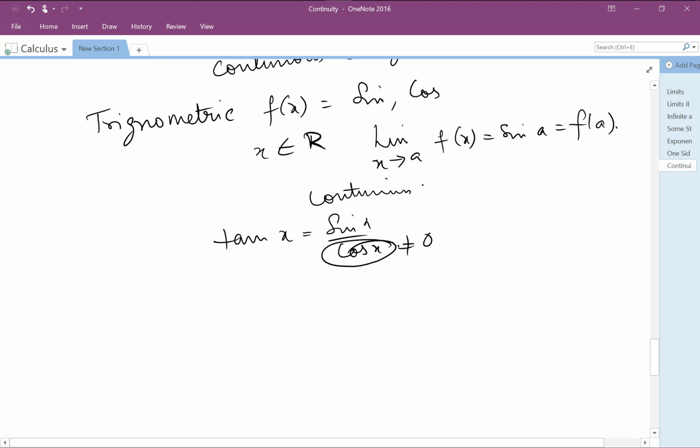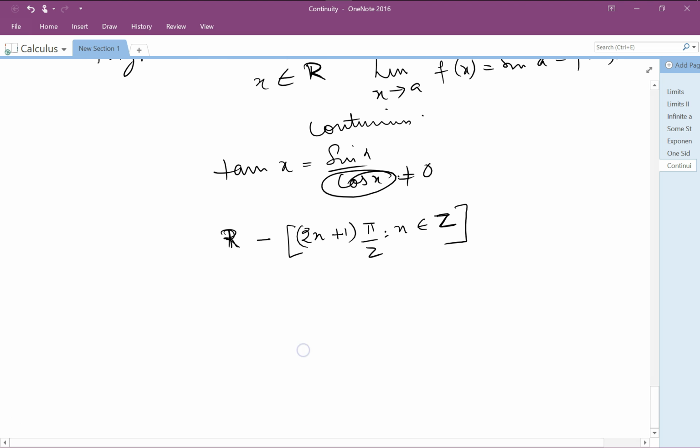In such a case, you can define the domain. We can say R minus odd multiples of pi by 2. If we remove these odd multiples from the real numbers, then tan x is continuous in that domain.